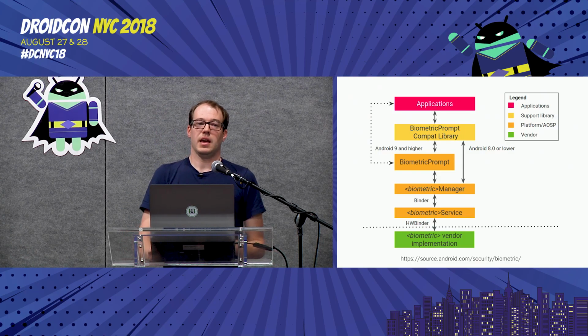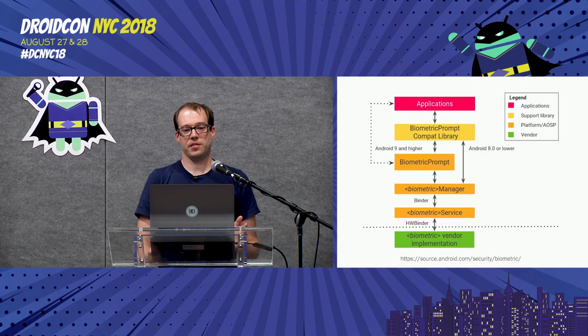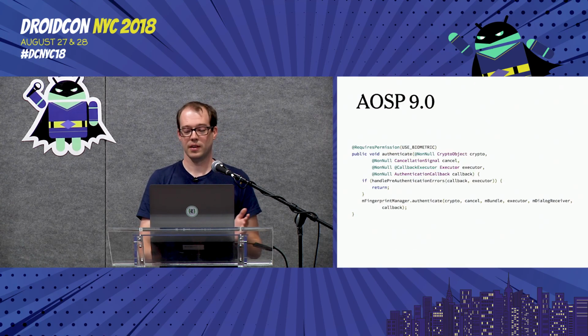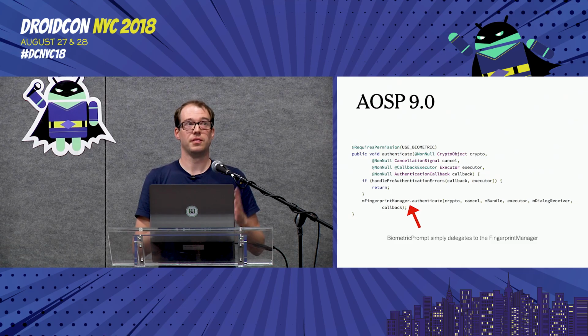Now, Android 9 out of the box, and what's in AOSP, simply delegates to the Fingerprint Manager. That's kind of stated in the documentation, that they don't overtly support anything other than fingerprint.